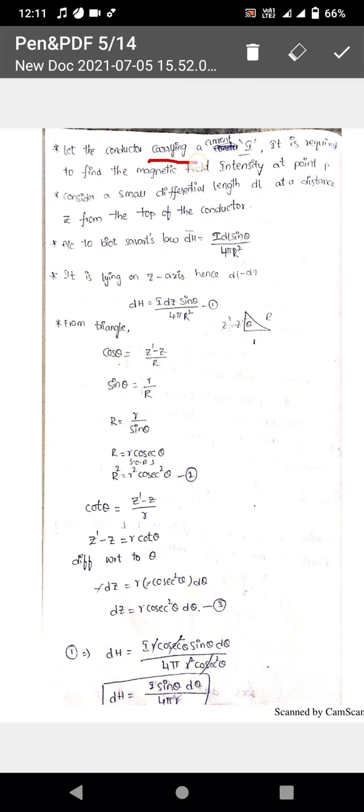Let the conductor carry a current I, and it is required to find the magnetic field intensity at point P. Our aim is to find the magnetic field intensity at point P. According to Biot-Savart law we consider a small differential length dl at a distance z from the top of the conductor.